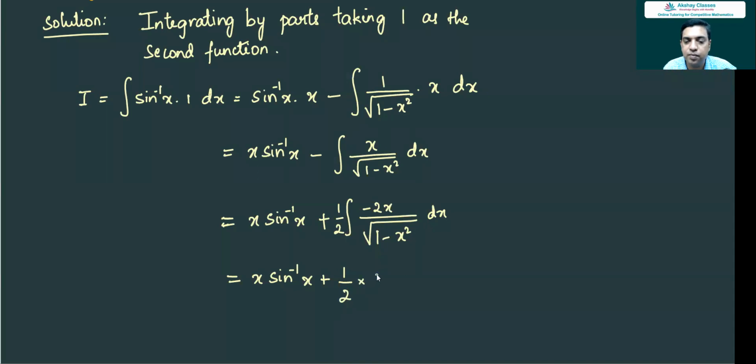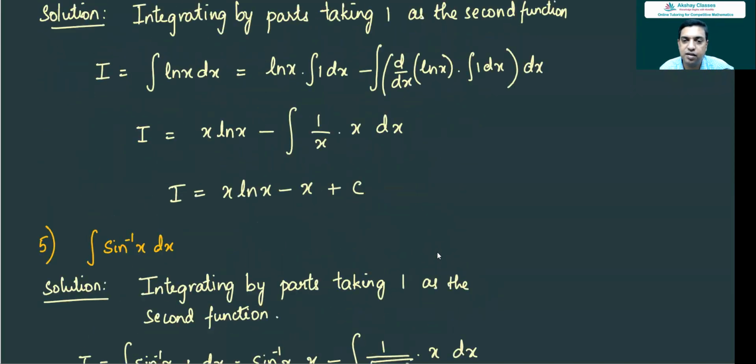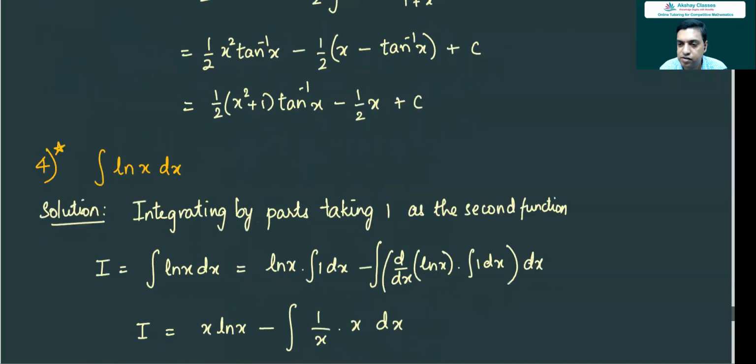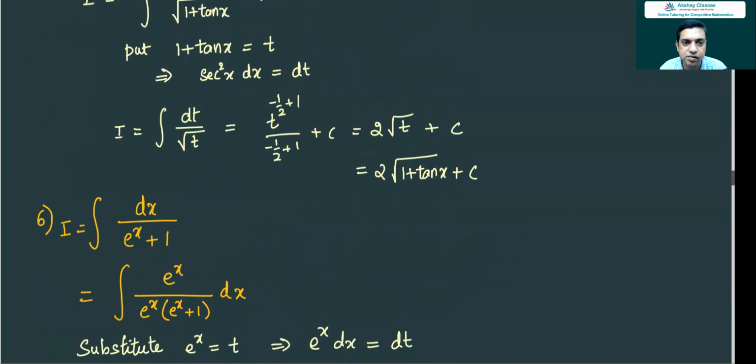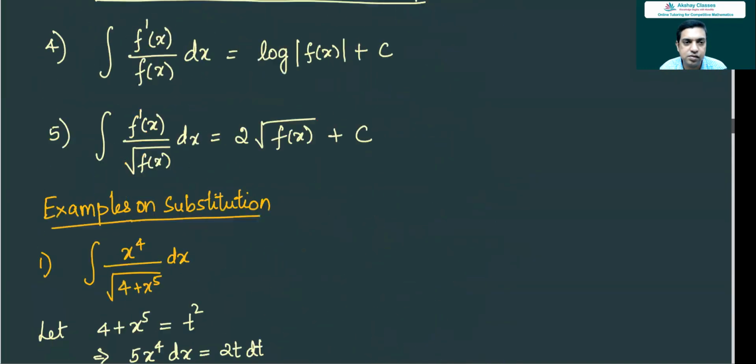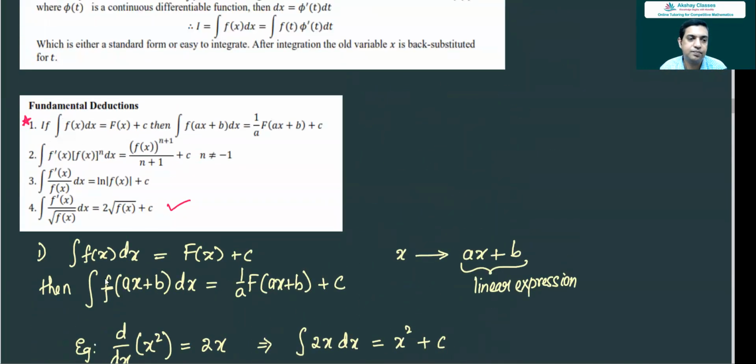So you get this, by the standard result, 2 under root 1 minus x square plus c. I'm just using this standard result. Let me see where it is. Yeah, the fourth one here, f dash x upon under root f of x dx is 2 under root f of x plus c.